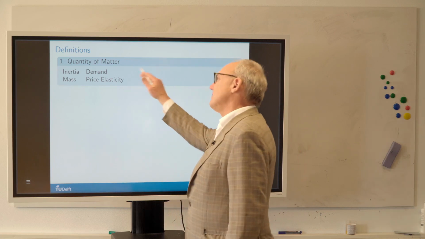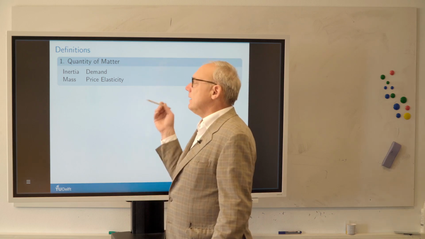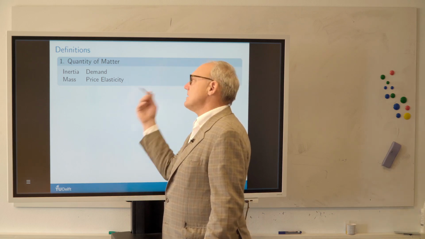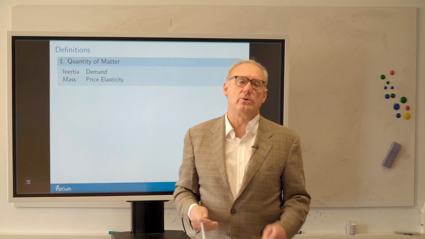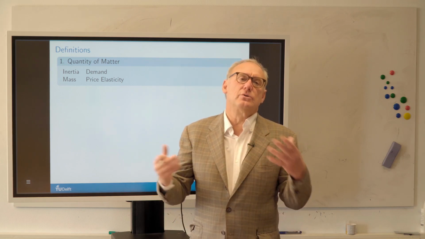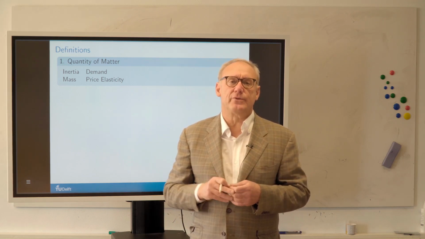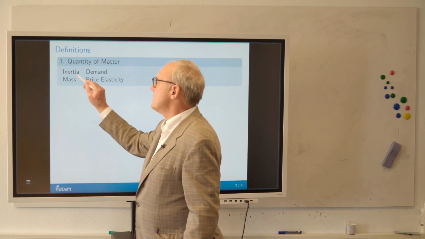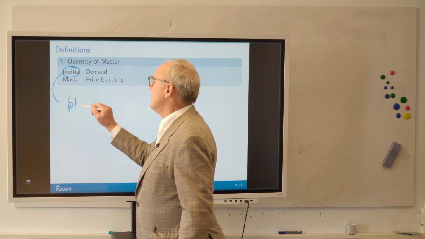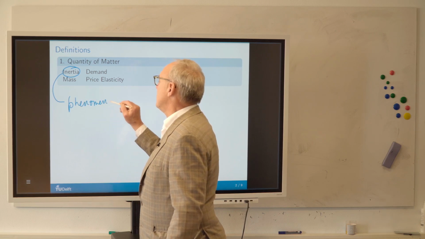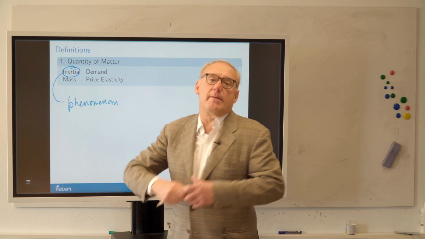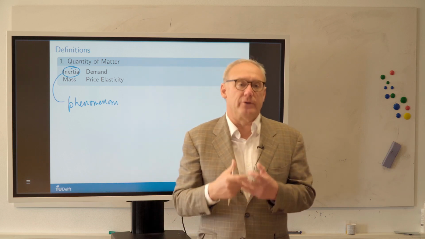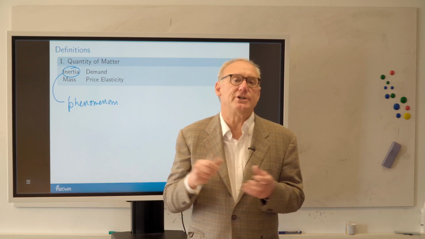Now, nowadays, we still talk a little bit like that, but rather than saying quantity of matter, we have two terms to describe the situation. First is the phenomenon of matter. This is what we now call inertia. So this is the phenomenon. And then there's the measurement of the phenomenon, all right? The quantification, I should say.